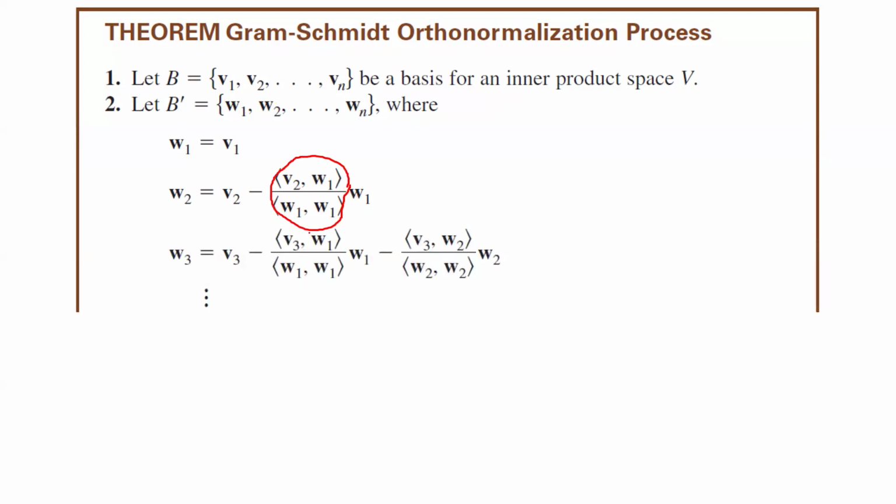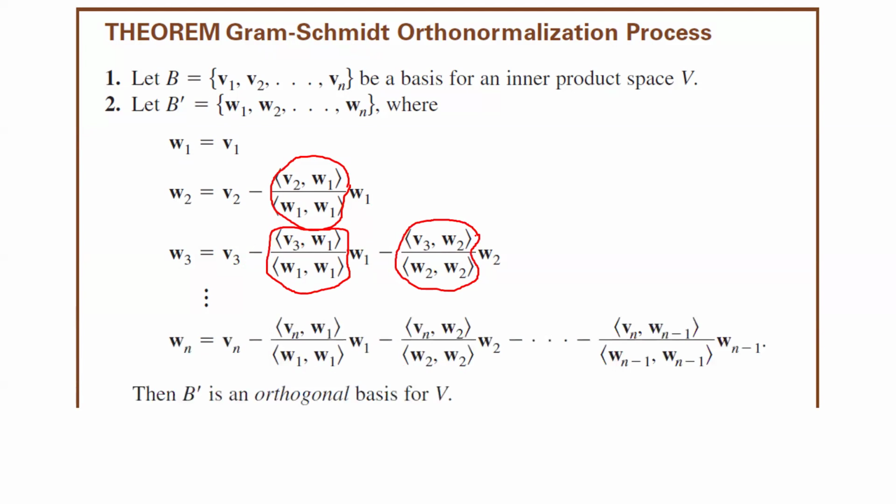And w3 is equal to v3 minus, we have more algebra to include everybody, the scalar in the direction of w1 minus another scalar in the direction of w2. You can continue this process up to wn, which is vn minus the rest of these subtractions. Then for sure you can say that B prime is an orthogonal basis for V.